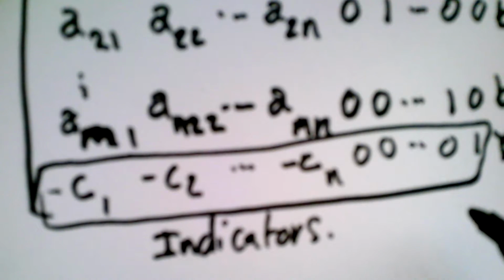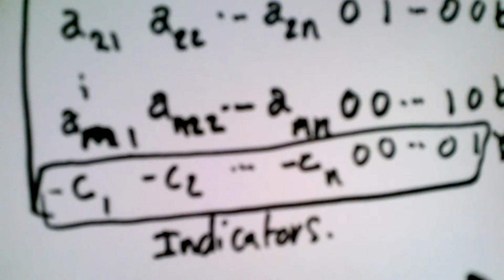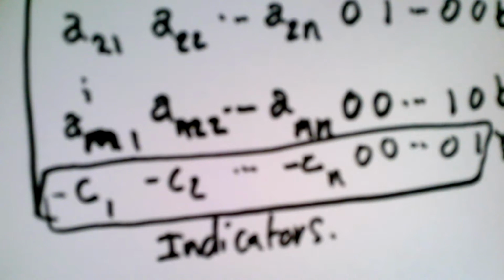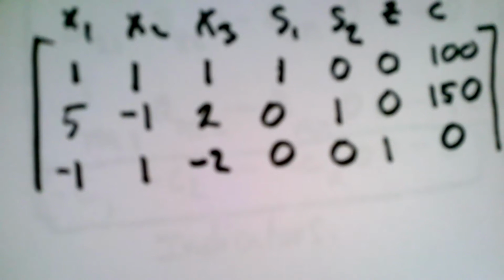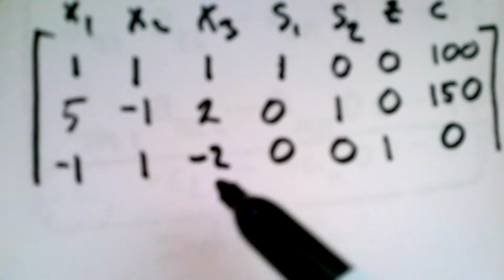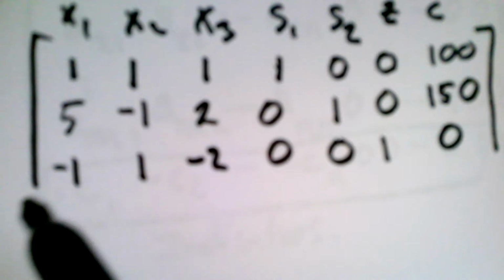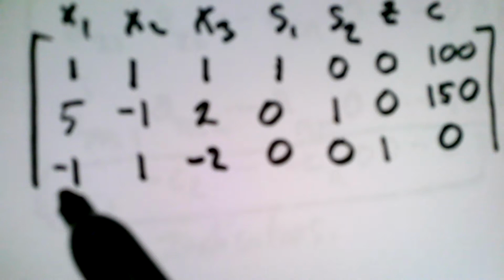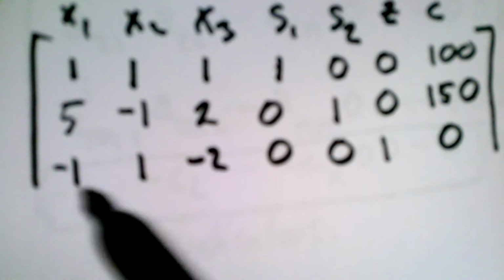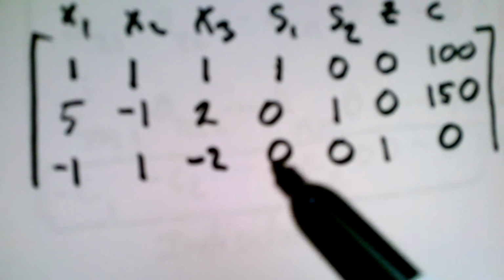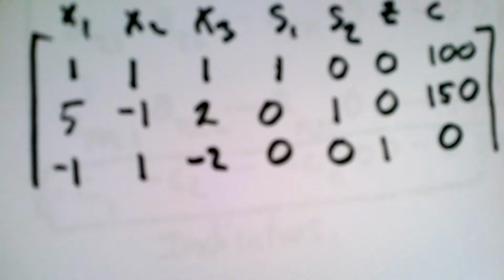That is the one with the largest absolute value and is negative. So over here, -2 is our most negative indicator because 1 is not negative and -1 is not quite as big a number as -2. The other numbers are not negative, so they don't count.